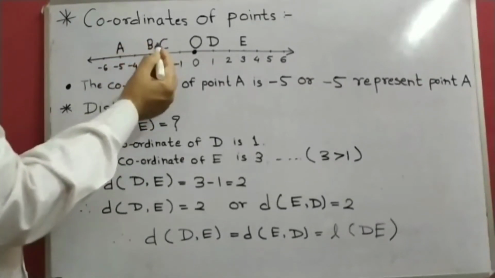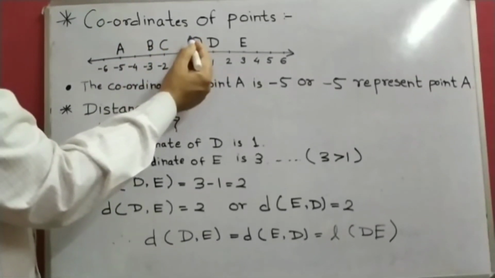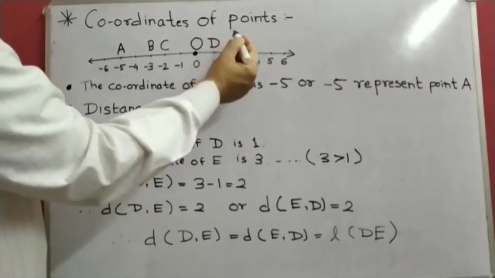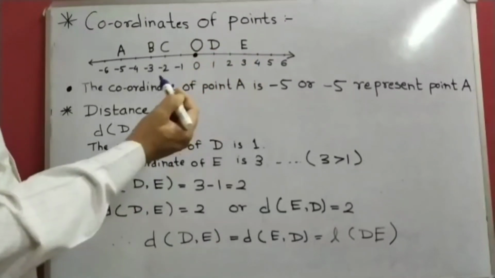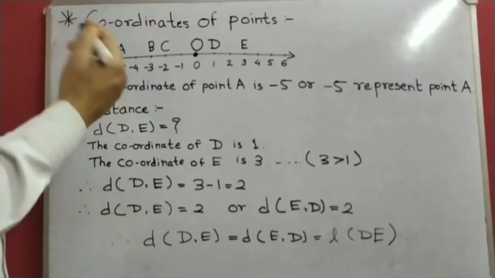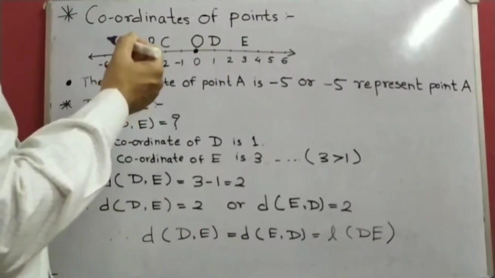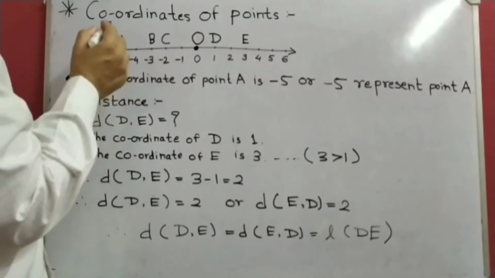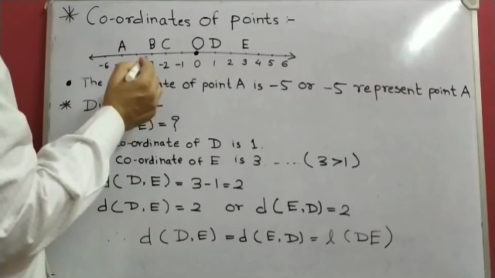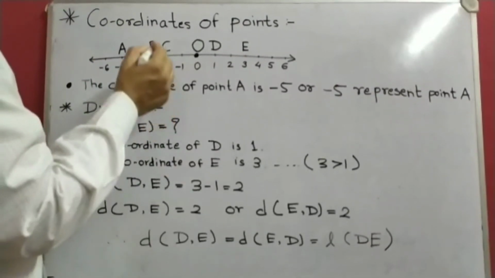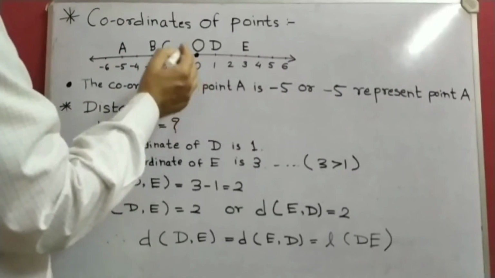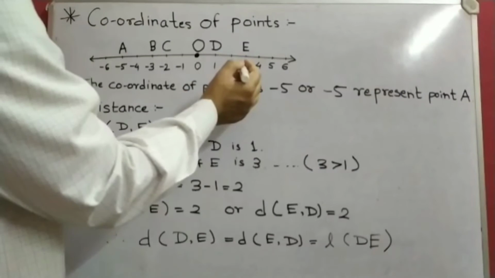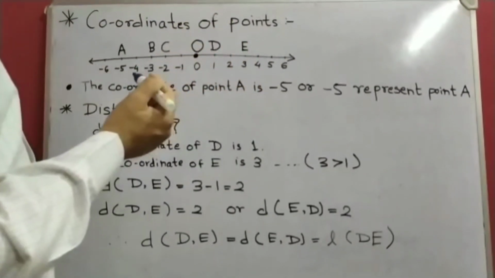The coordinate of C is -2. Coordinate of O is 0. Coordinate of D is 1. Coordinate of E is 3. In this way, some people say -5 represents point A, -3 represents point B, -2 represents point C, 0 represents O, 1 represents point D, 3 represents point E.